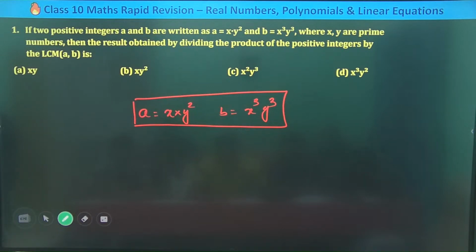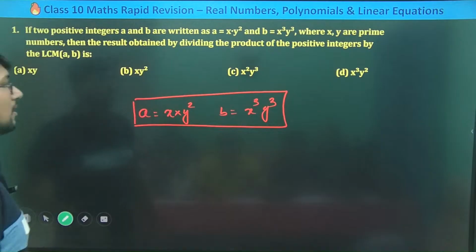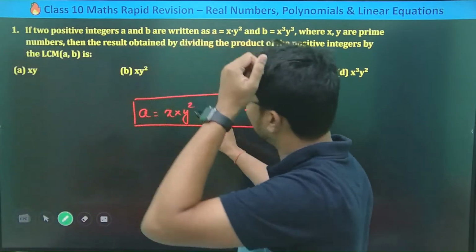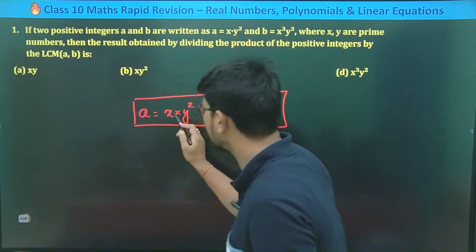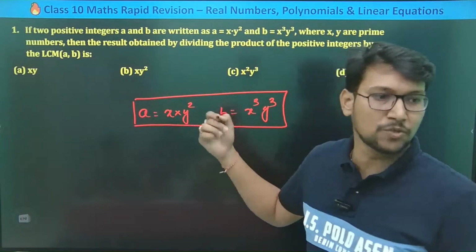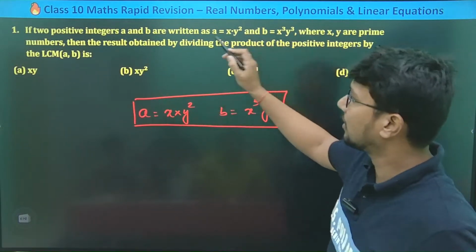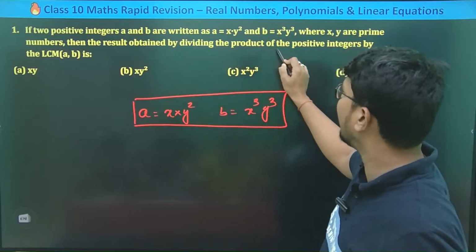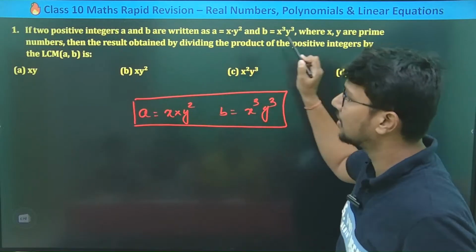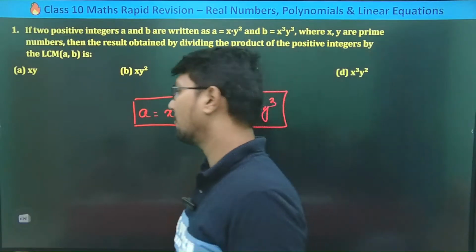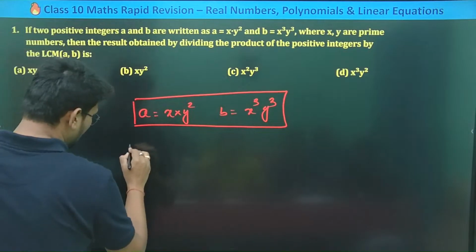Okay, everyone, now check karo. A is equal to what? This is given B. Both are prime numbers: X is prime, Y is prime. Then the result is obtained by dividing the product of the positive integers by the LCM of A and B. LCM of A and B is how much?